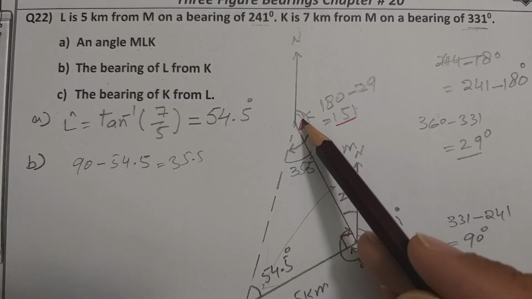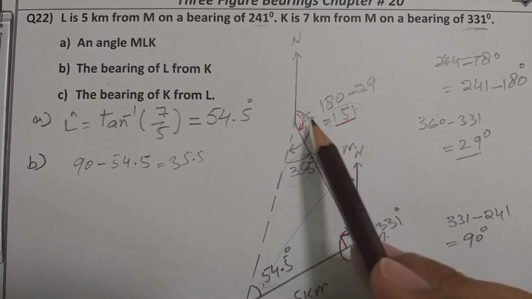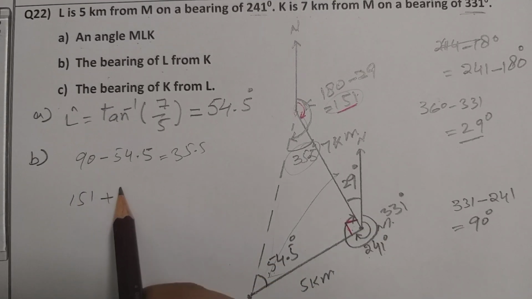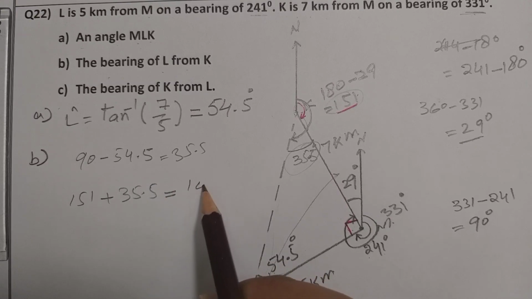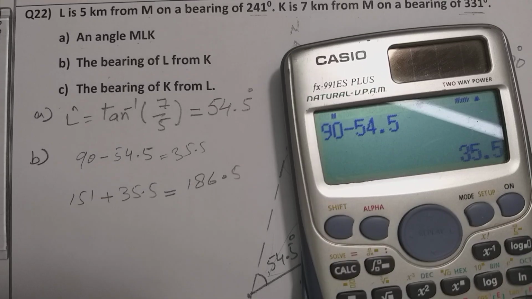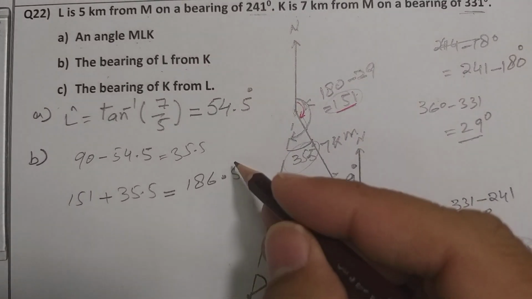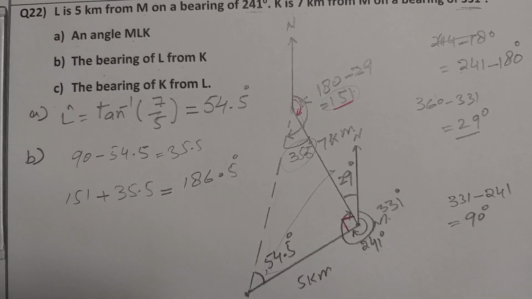Add these two values, this angle and this angle, and you will get the bearing from K to L. So 151 plus 35.5 gives you 186.5. So this is the bearing. Because this is already three figures, no need to put 0 before the number.